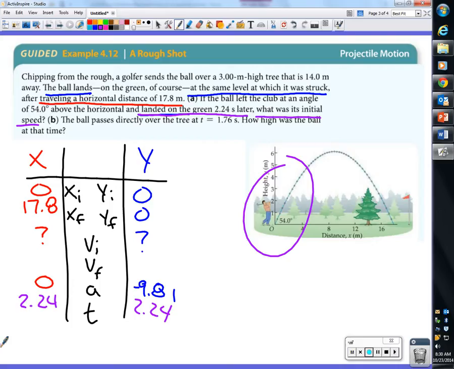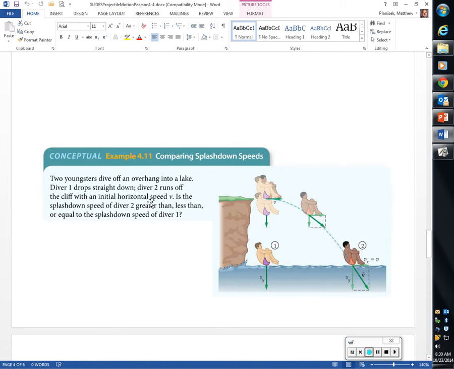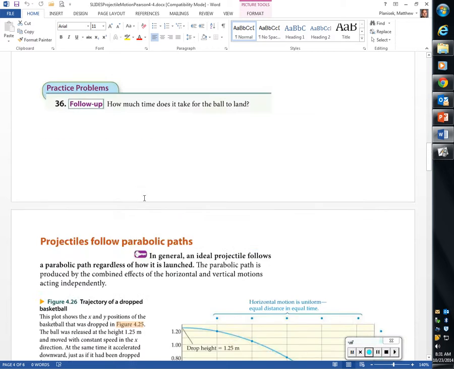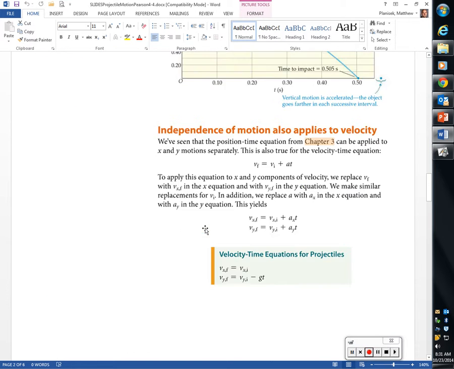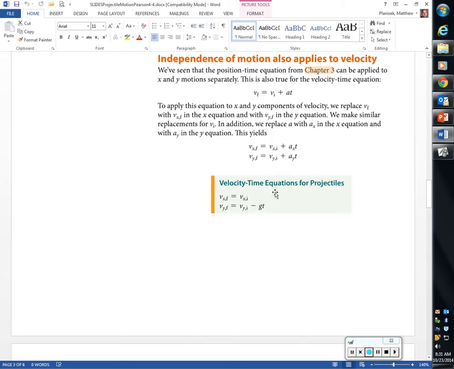So, the 4 equations that we have used so far still apply to this motion. Remember, we had 2 equations that relate position and time, and we have 2 equations that relate velocity and time, right?